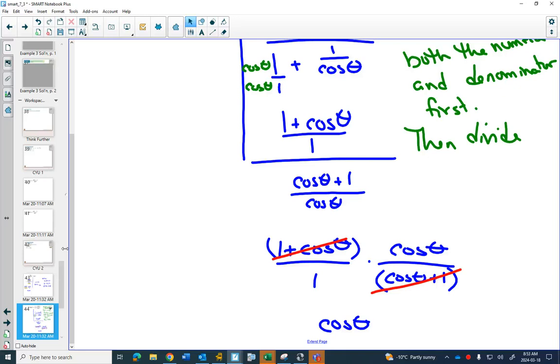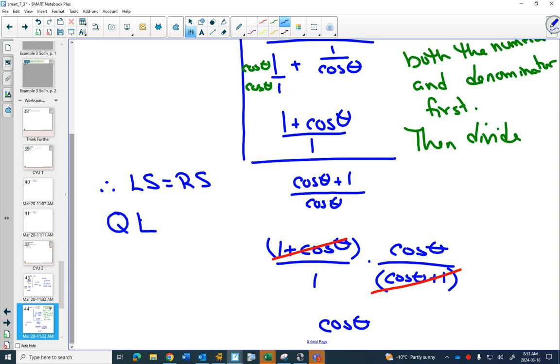And if you're multiplying and factors are identical, they can simplify. And we just get cos theta, which, checking our other side, is the same. So I can write my statement. And we're done our proof.